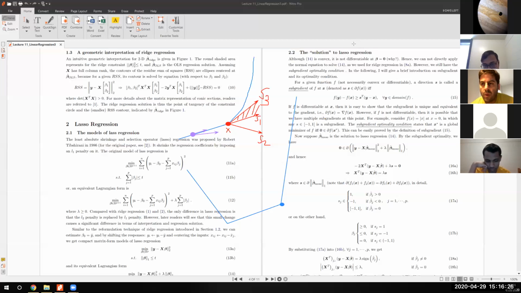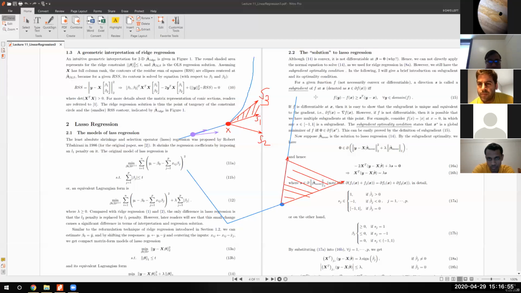Let me use the red color. Again, this is the region, parallel to this line. So actually, you can see that any direction in this area is a subgradient. Exactly the same. You just need to use this idea.